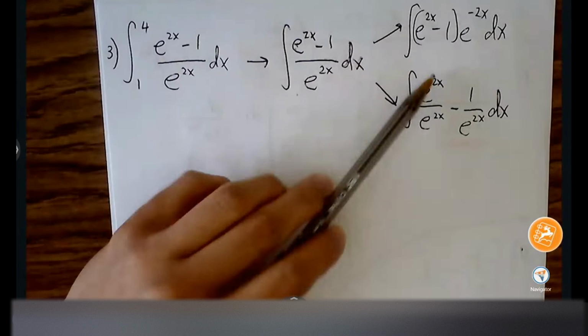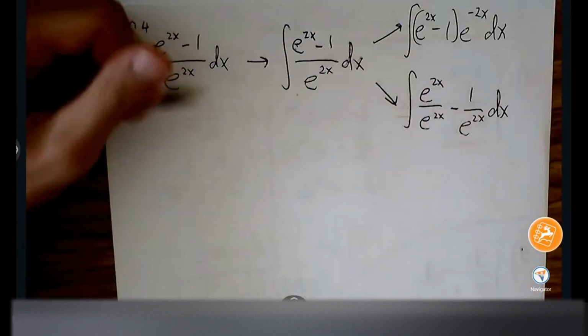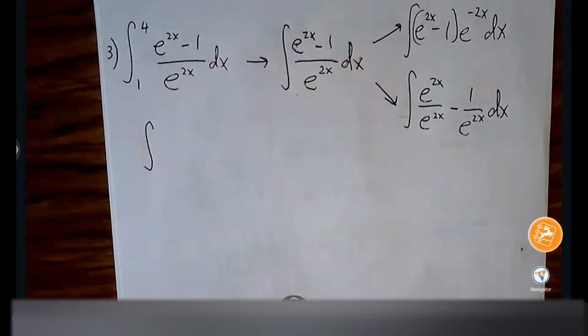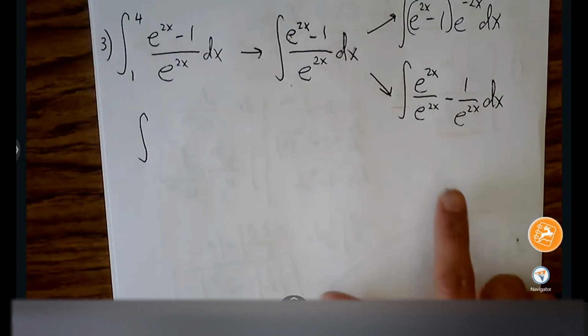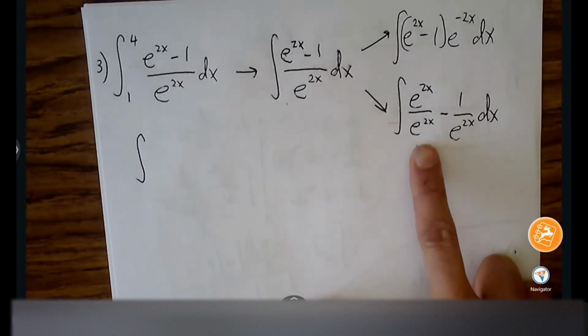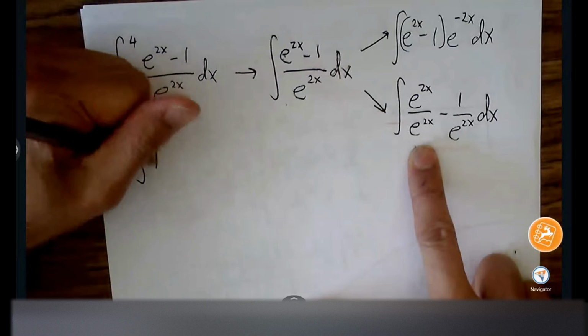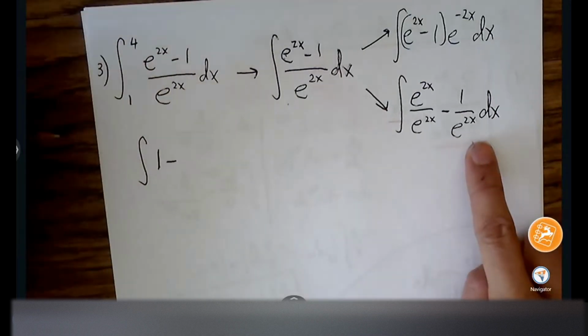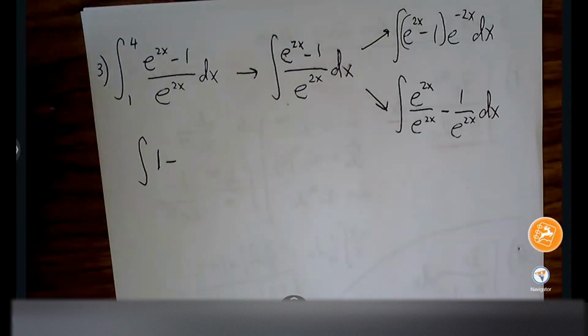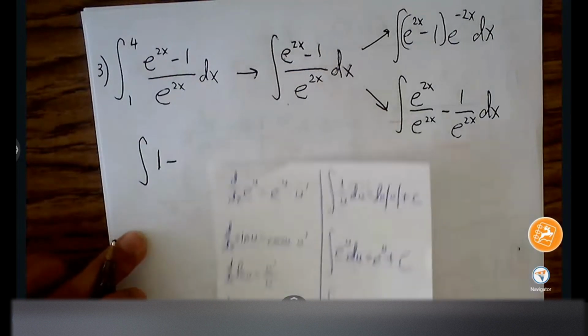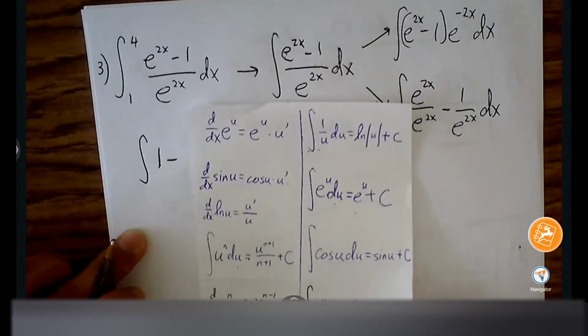So whether I bring it up and distribute or split up into individual fractions, what's the cleaned up version of this expression? This becomes what? 1. And is there a cleaner way to write this second expression? So I'm always looking to see if it's going to match my rule.